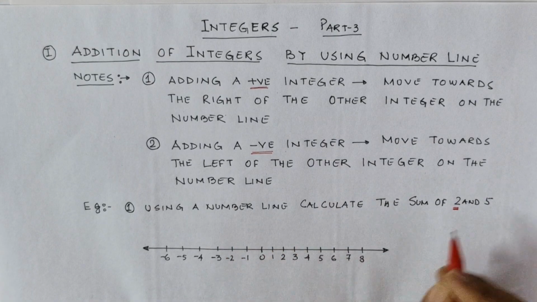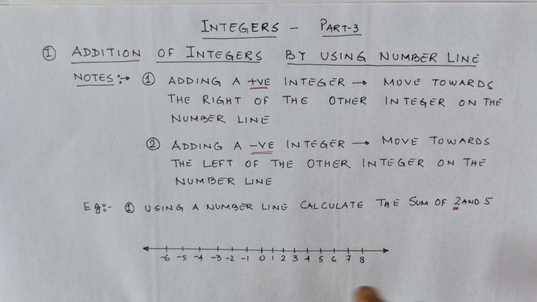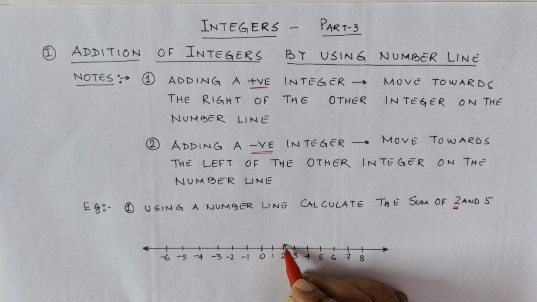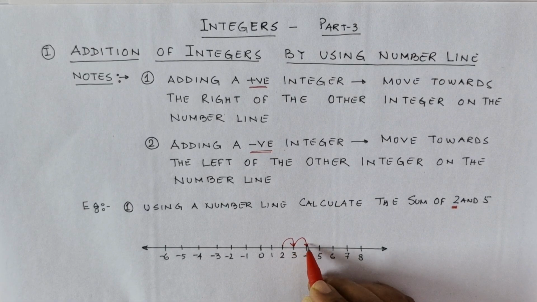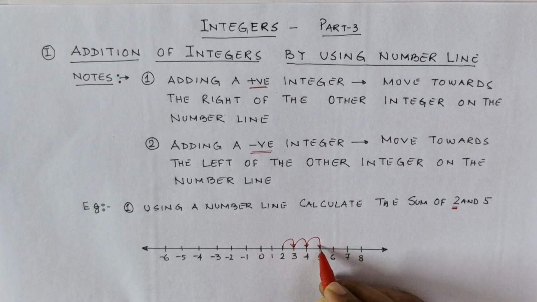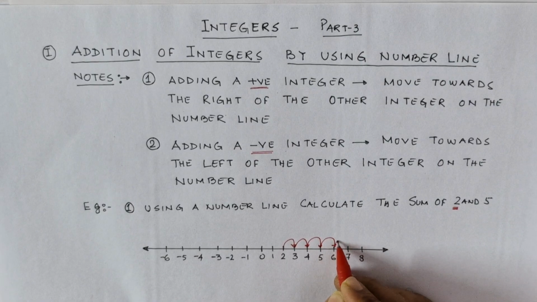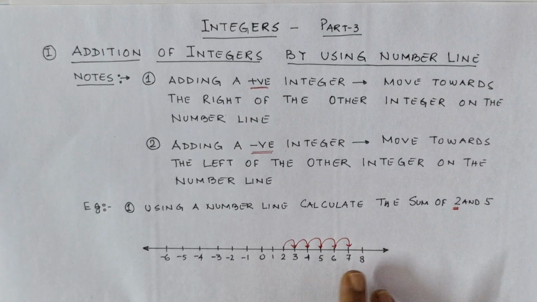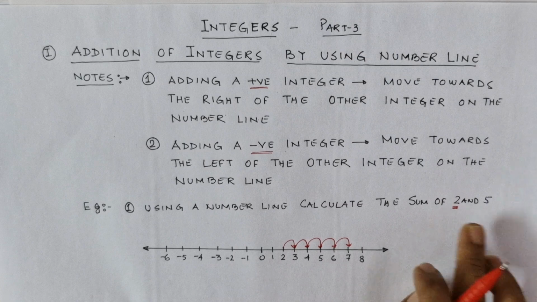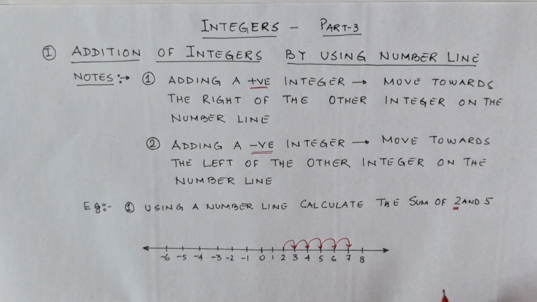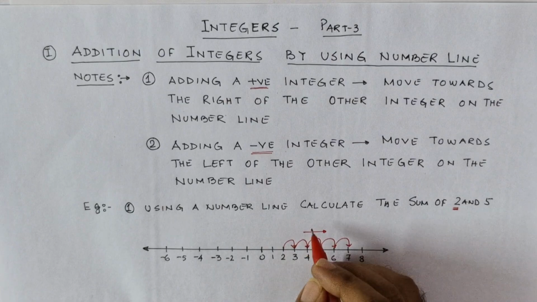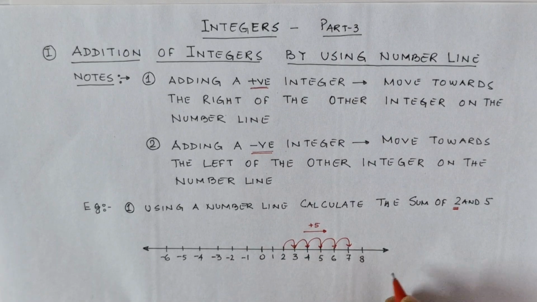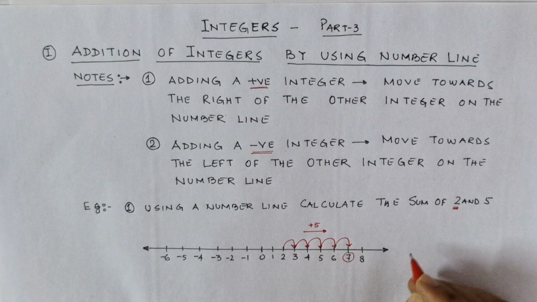Let's move 5 places to the right: 1, then 2, then 3, then 4, then 5. So I have moved 5 places to the right of 2, as I have been asked. We will write an arrow here because we are moving to the right. So we are adding 5, and the answer will be 7.